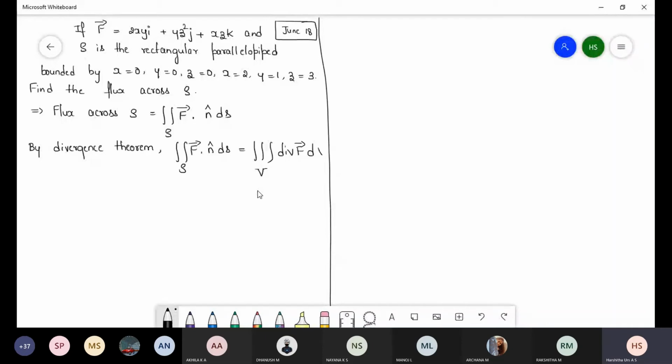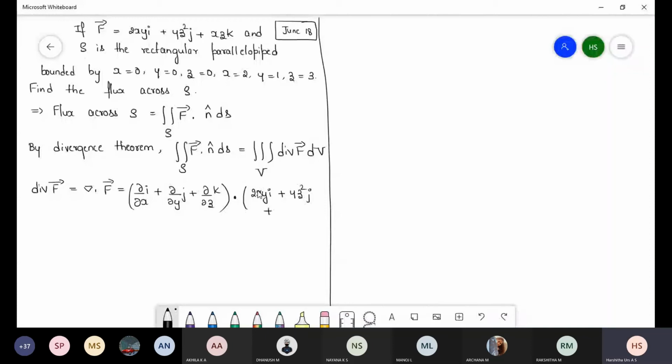So here we have to find the divergence of vector F first, that is del dot vector F. What is our del? Del is dou by dou x i plus dou by dou y j plus dou by dou z k, dot vector F, which is 2xy i plus yz square j plus xz k.